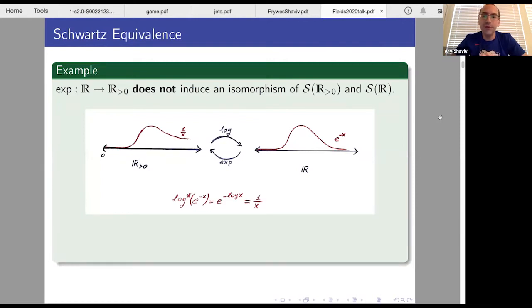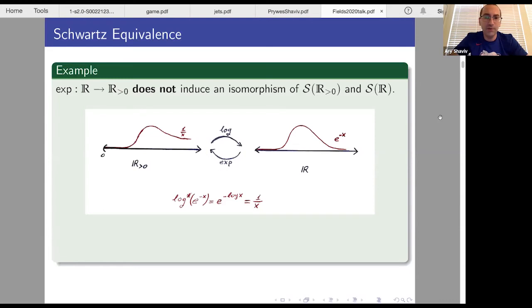So if we take this function and pull it via log or push it via exponent, if we first take the logarithm, meaning go to the coordinate system on the left, and then evaluate our function, we get 1 over x for big x's, right? So on the left-hand side, this will not be a Schwartz function because it doesn't decay rapidly enough.